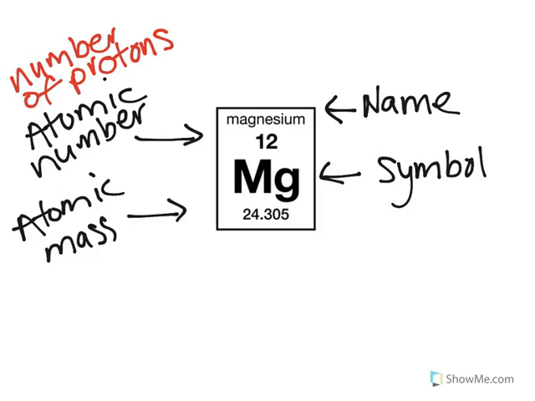It's measured in what we call atomic mass units, or AMUs. This is the same as saying that our weight is measured in kilograms; the atomic mass of an atom is measured in AMUs. The mass of an atom actually comes from the number of protons and neutrons in the atom.